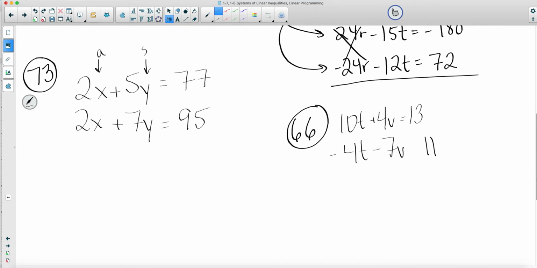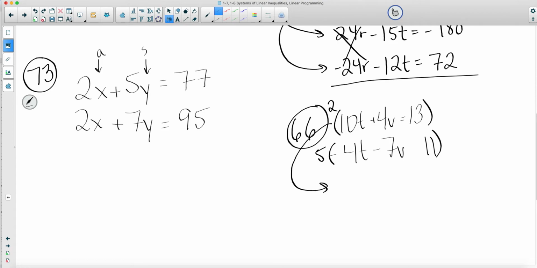Number 66, very similar to the one above. Except we won't have to multiply by a negative because we have that here already. So the top one, we're going to take that times 10 and 4. We're going to get a 20 is probably the best number. Take that times a 2. Take this one times a 5.